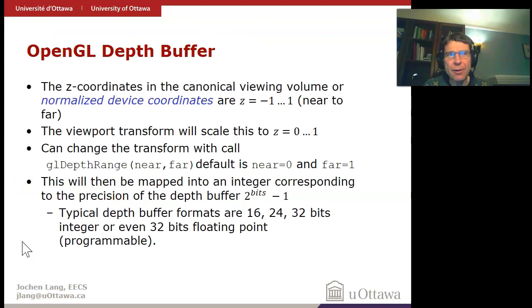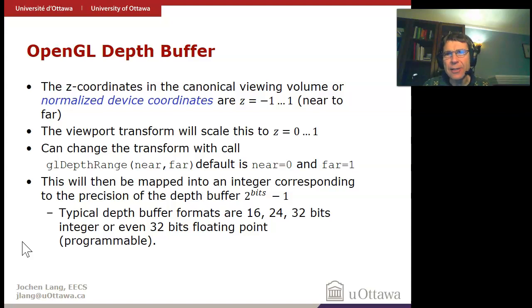The z range from -1 to +1 will get mapped into a range from 0 to 1. So 0 will be closest to the camera and 1 will be furthest away. And you can change this. However, you cannot go beyond 0 to 1. You can make it smaller, but you cannot make it bigger. So the depth range, there's a glDepthRange command where you can set near and far.